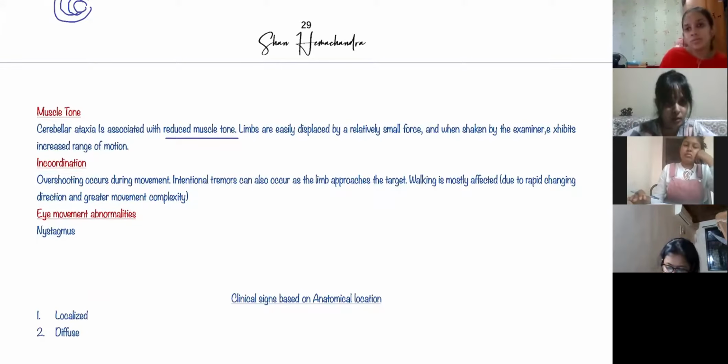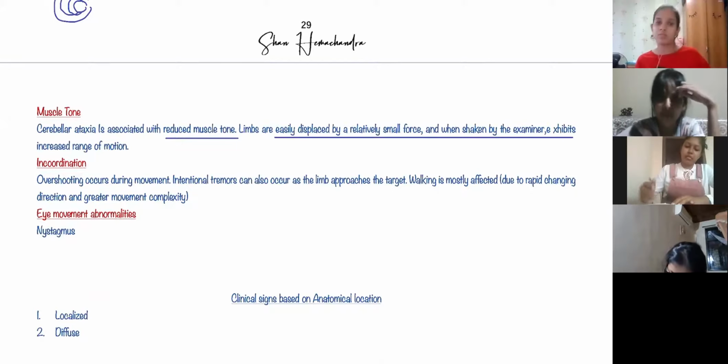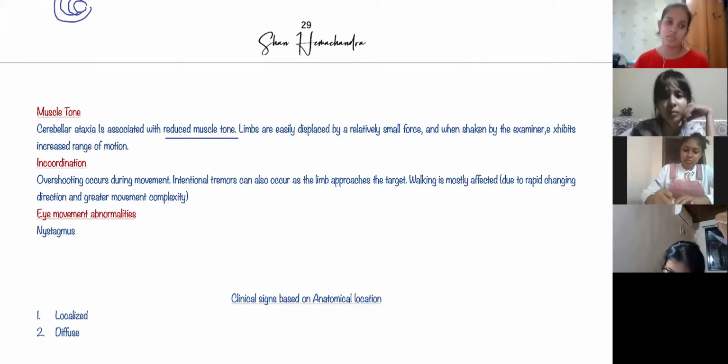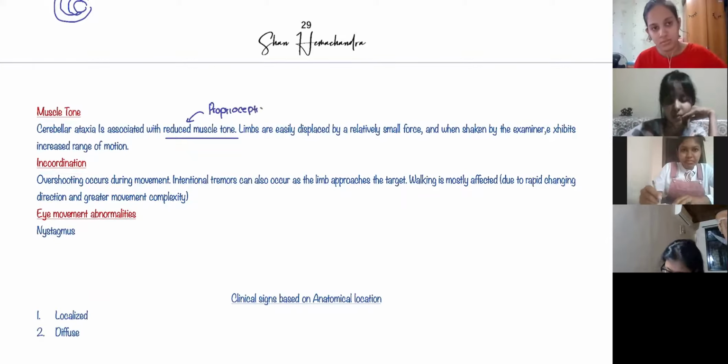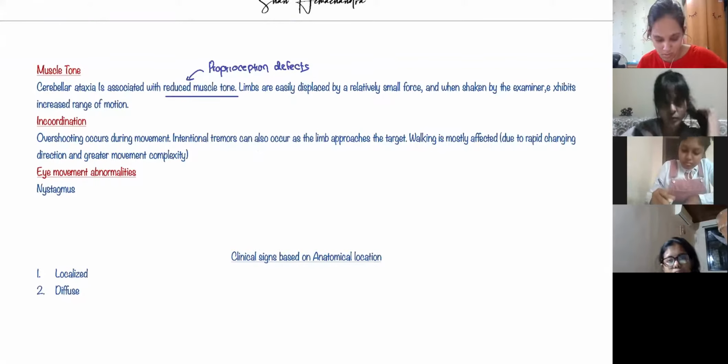That means the limbs are easily displaced by a small force, like the strength is not present. This is because of proprioception defects. Then in coordination, overshooting during movement is also part of cerebellar ataxia. These are symptoms of cerebellar ataxia.